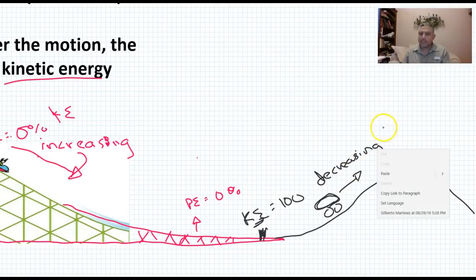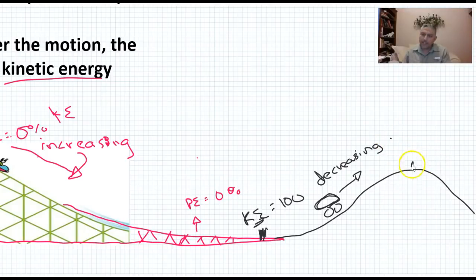Once it gets up to the top of the hill, we can consider that it's going to go back to 0%. Over here somewhere in the middle will be 50%. If this is the kinetic energy 100%, then this is 75%, and so forth. It's going to be slowing down 25% over here until it gets to the 0.